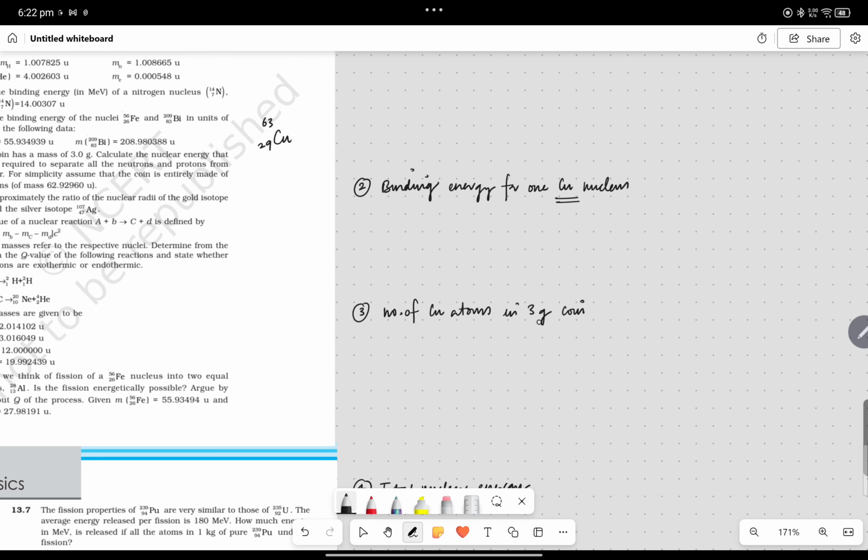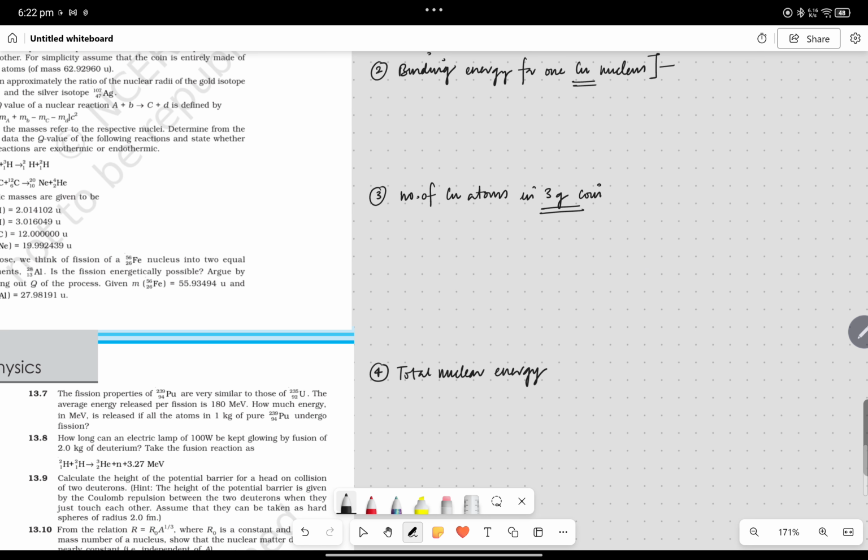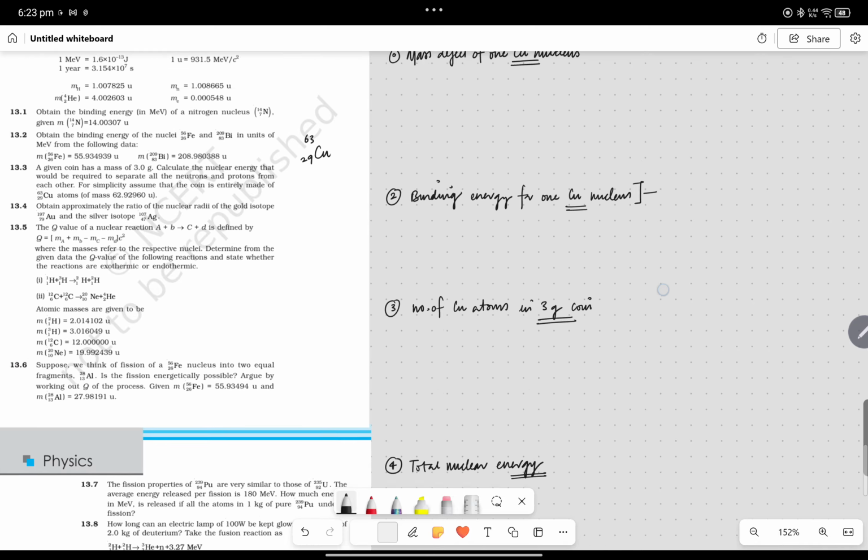Then, having calculated the binding energy for one Cu atom, you have to calculate how many Cu atoms are present in 3 gram of coin, right? And then you have to multiply the number of atoms present in that coin by the binding energy for one Cu atom, right? So that is the thing that you have to do.